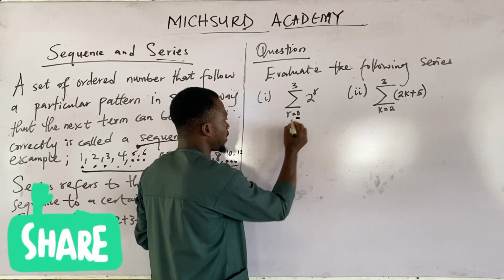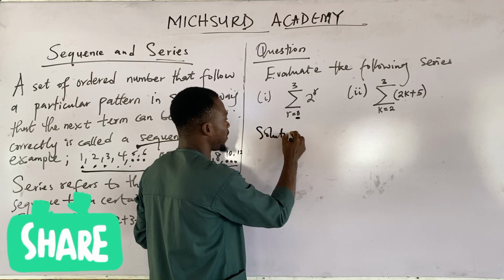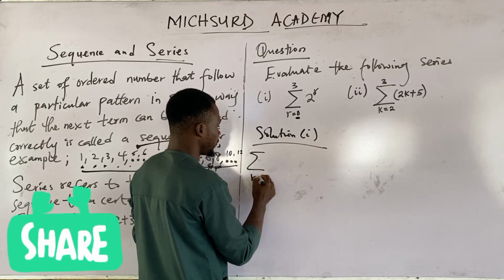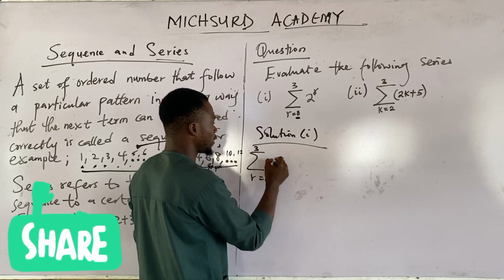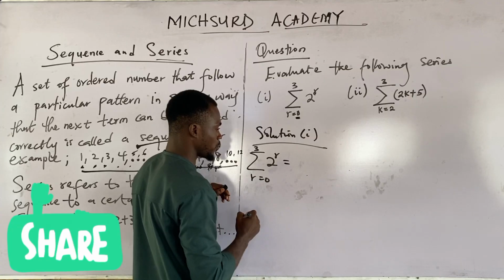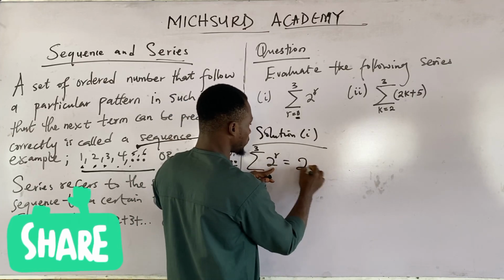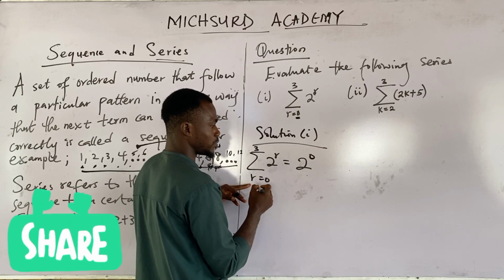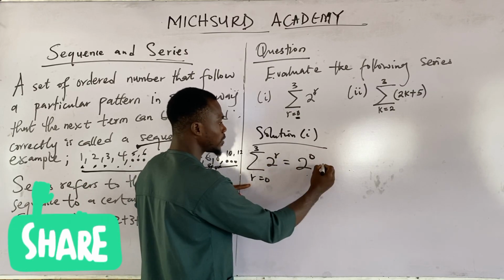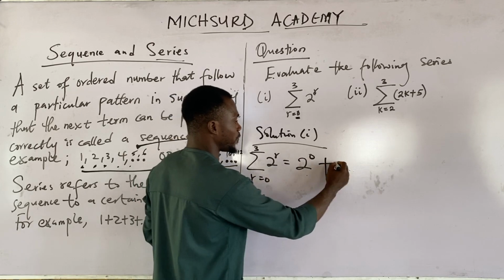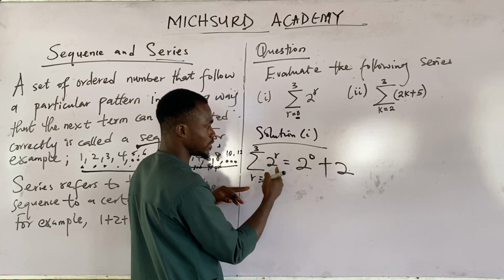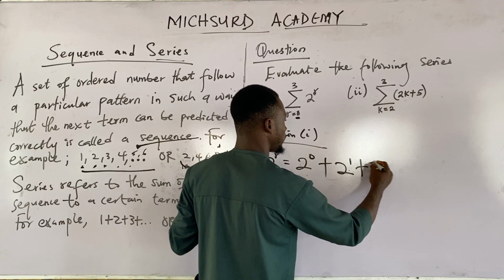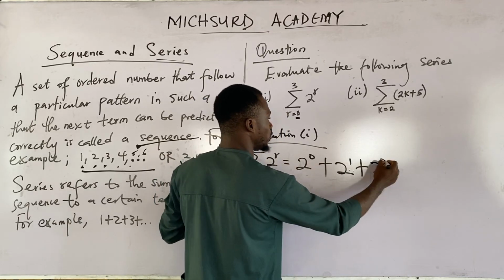So for the first question, we have the summation from r equal to 0 to 3 of this formula, and we use the formula to derive this. The r here starts with 0, so we use 0 as the power. Then plus, we use the same formula, but this time r changes to what? To 1. Now plus, we do the same thing, we have 2, then r changes to 2.